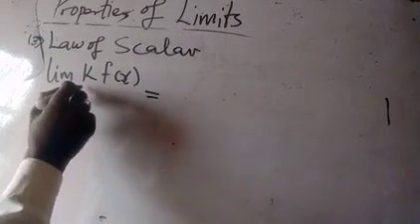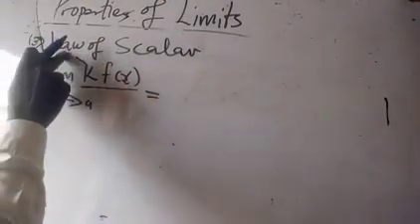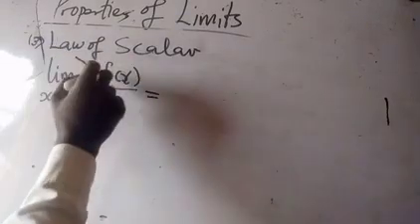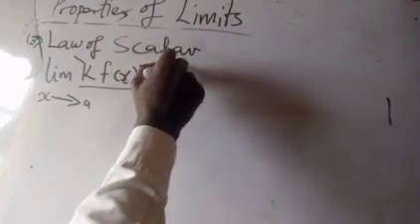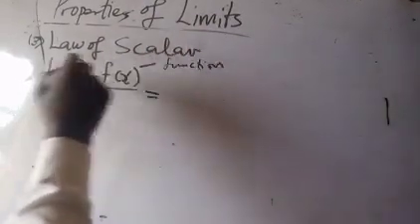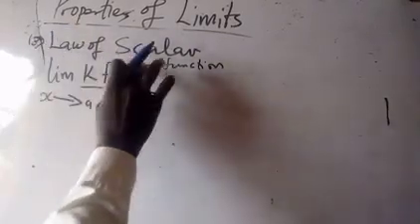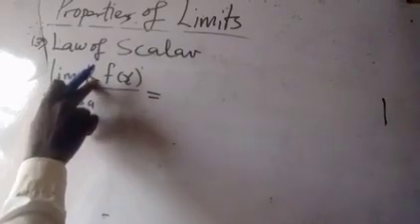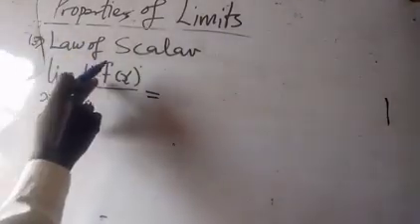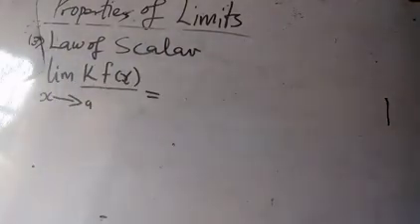If we look at it critically, k represents the law of constants, f of x represents the law of function, and we are having the two together. We call it the law of scalar. K, law of constants. F of x, law of function. So we're having the two together like a product.